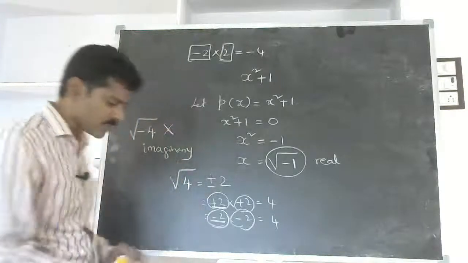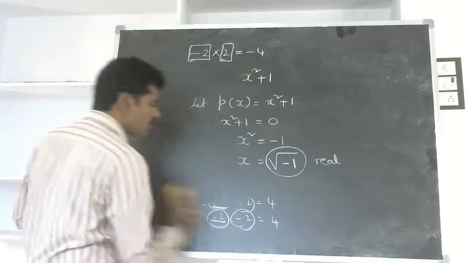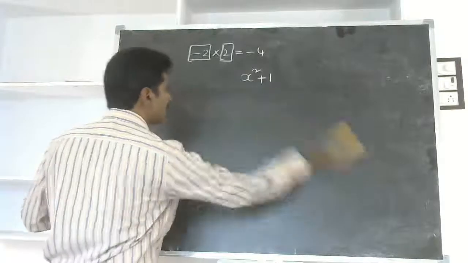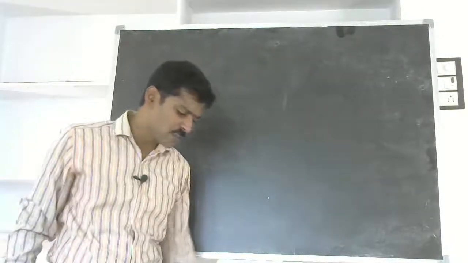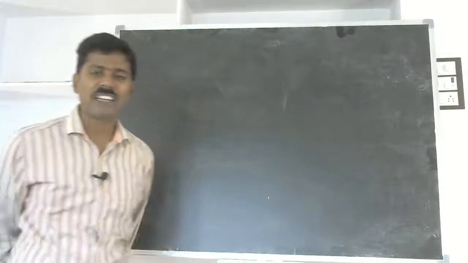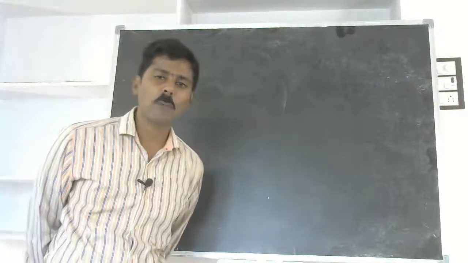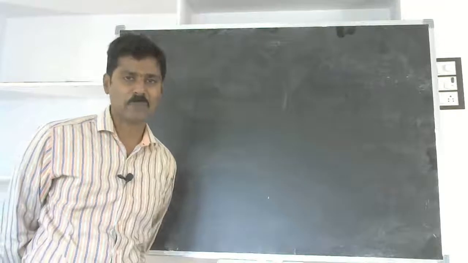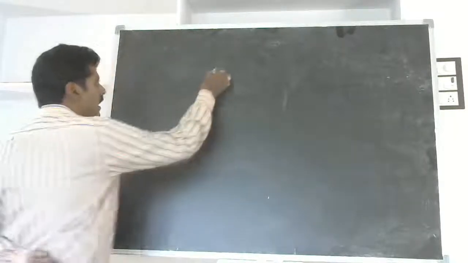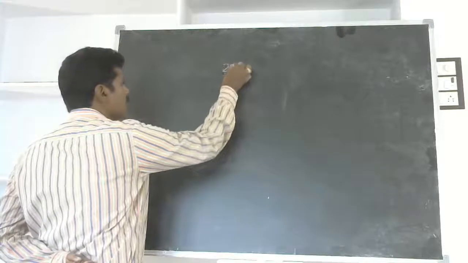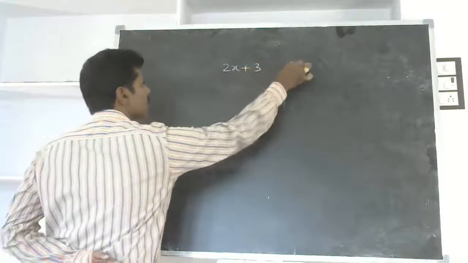And the second question in think and discuss, we will conclude the class with the second question, that is, can you tell me the number of zeros a polynomial of degree n has? For example, if I go with 2x plus 3, how many zeros will it have?